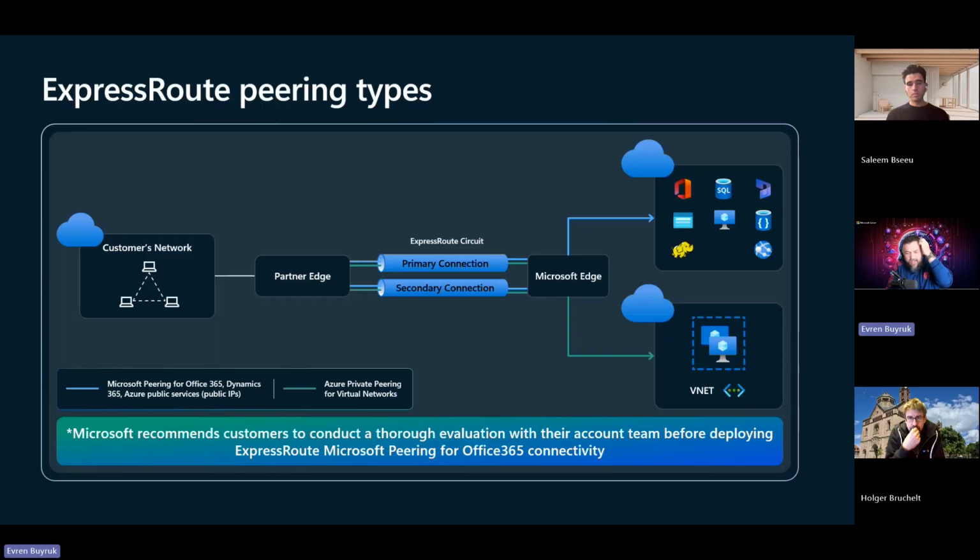The private peering that we are talking about enables a private and dedicated connection between the customer premises network on the left side and Azure Virtual Networks. What is the use case for this?